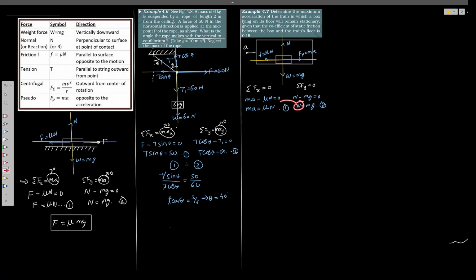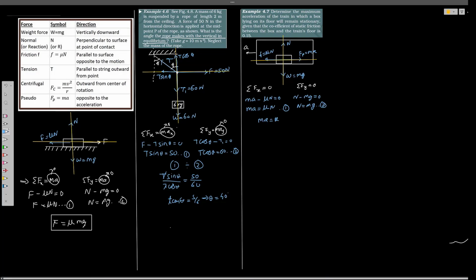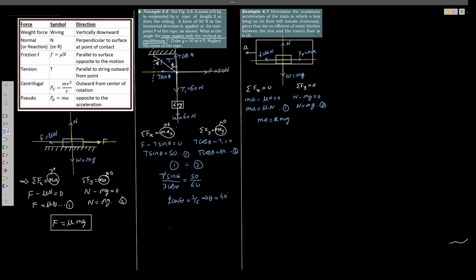Now substitute the value of N in first equation. We will get ma is equal to mu N, which we find as mu mg. So your m will be cancelled out, and we are ready to get acceleration. Just substitute the value of mu, which is given as 0.15, and g. So your answer is 1.5 meter per second square. Ta-da!